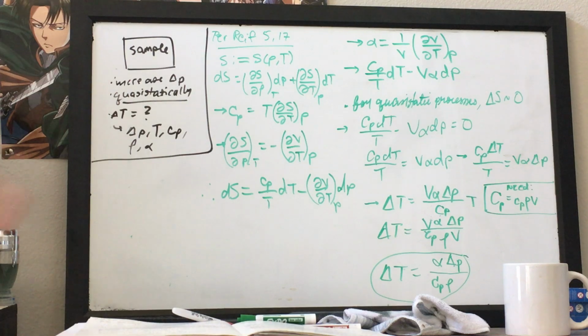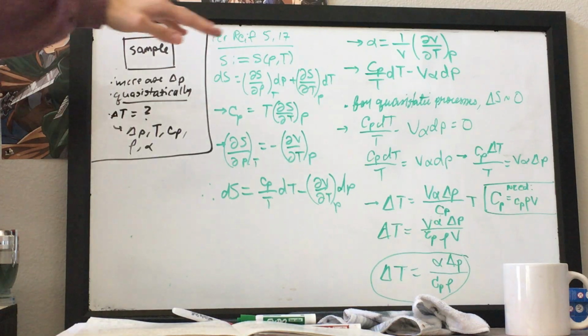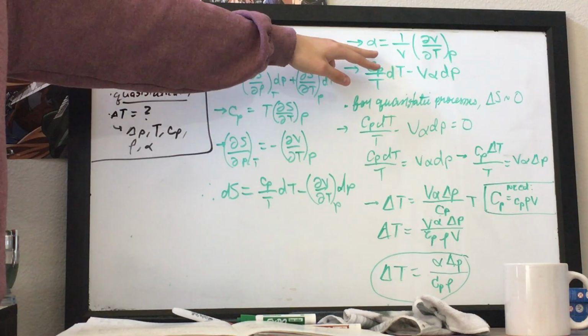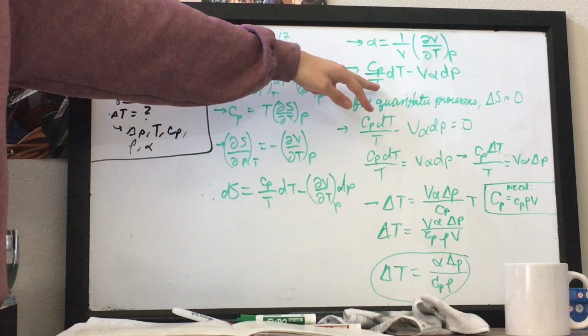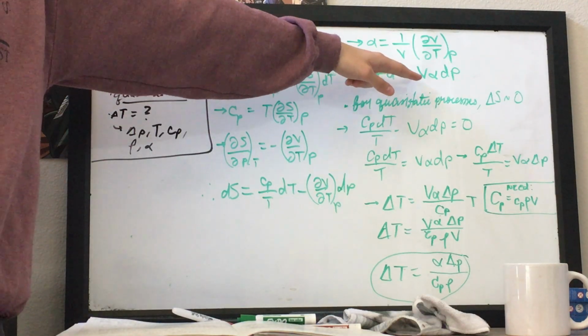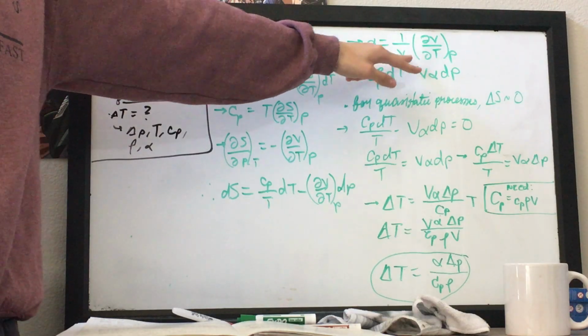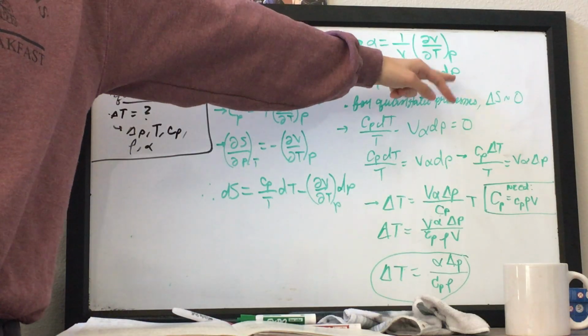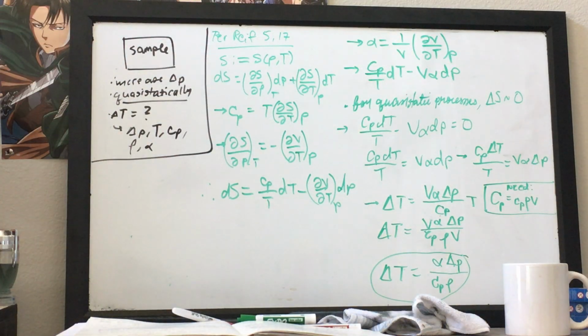So once again, we do some more algebraic manipulation, we substitute that in, and our expression for entropy becomes this: Cp divided by the temperature times dT, minus V times alpha, because you move this from the denominator to the numerator, times our small change in pressure dP, right?